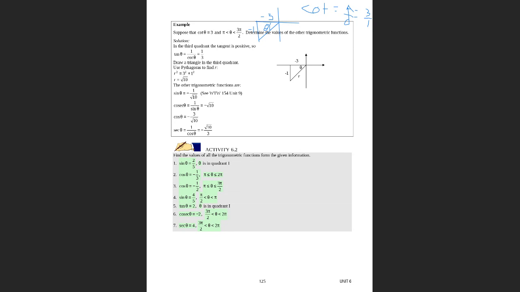Then we can use Pythagoras theorem and know that our hypotenuse squared is going to be negative 3 all squared plus negative 1 squared.